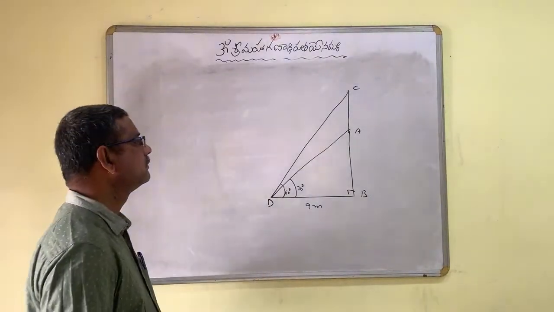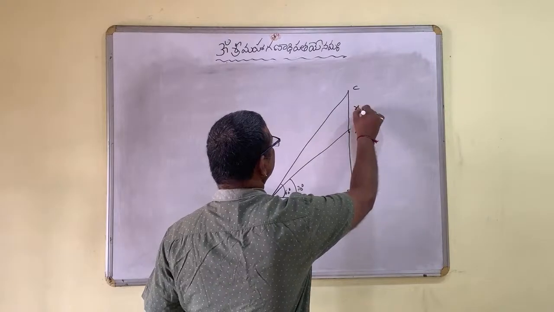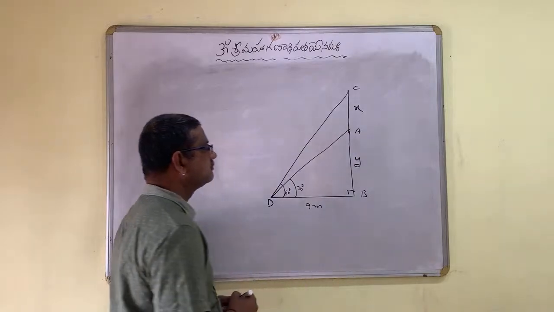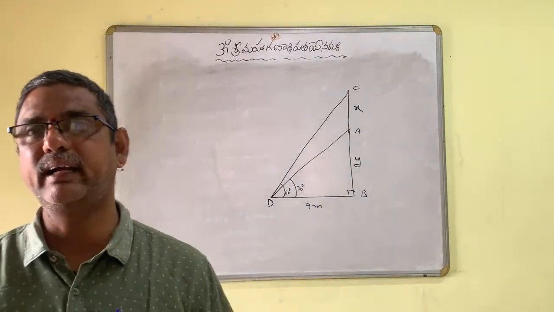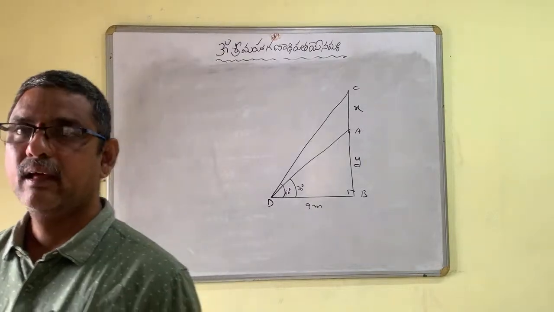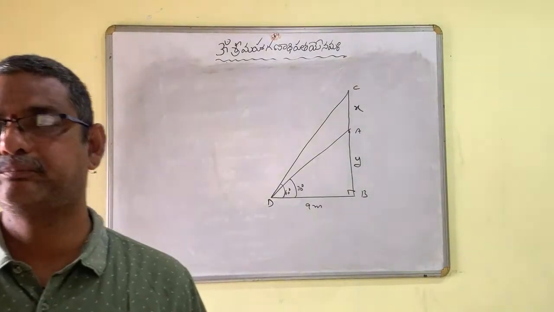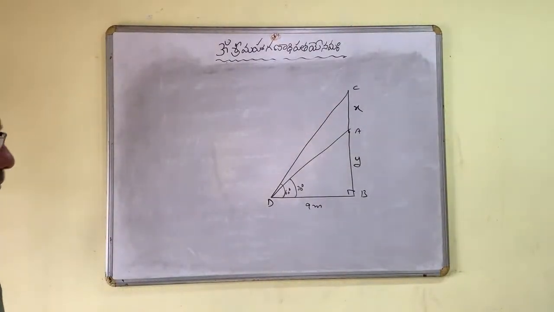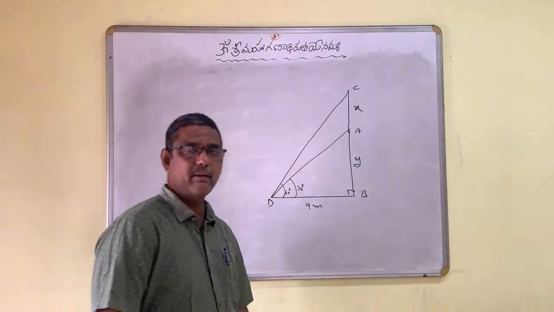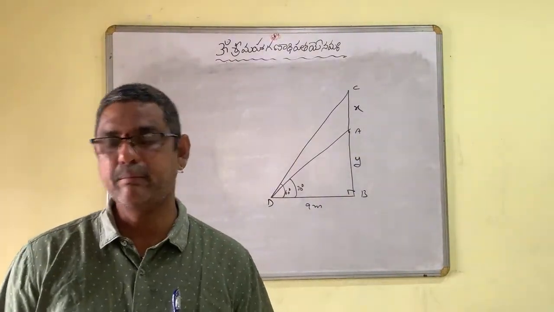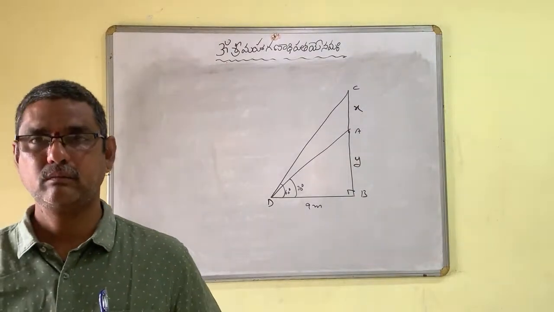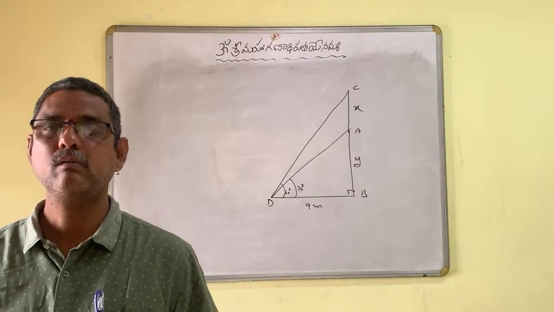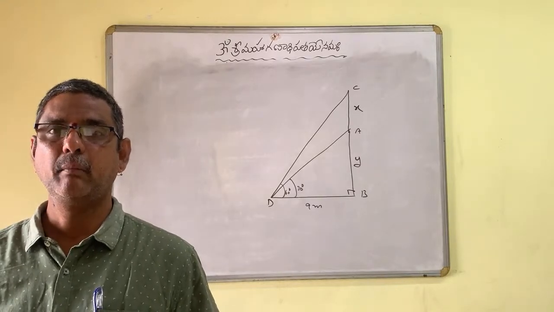Now, we need to find out height of the flagpole as well as height of the tower. We need to find out height of the flagpole, that is AC, and height of the tower, that is BA. Both we need to find out. Okay, do it. What is AB, children? Am I audible?